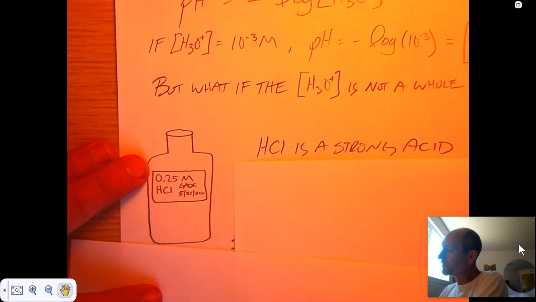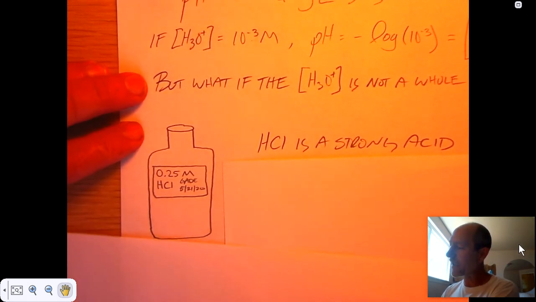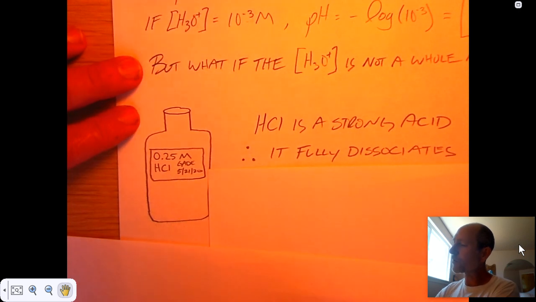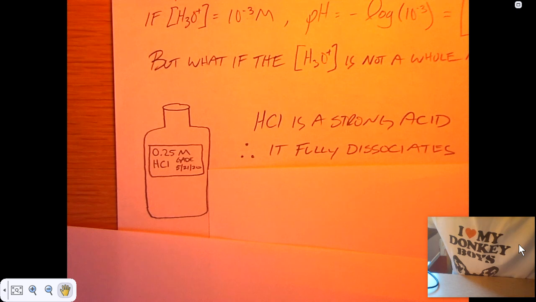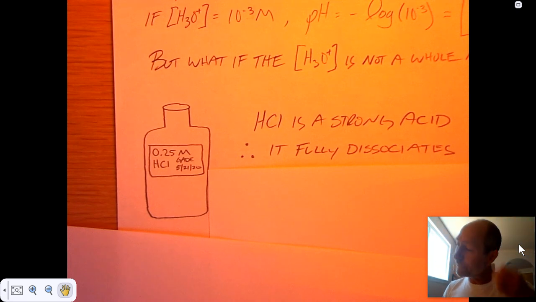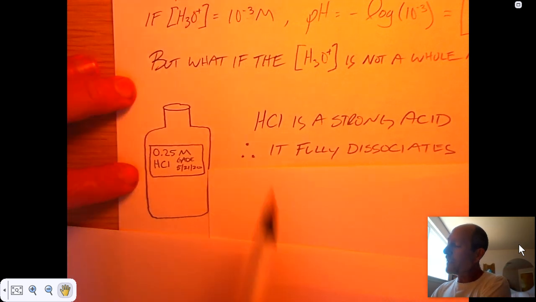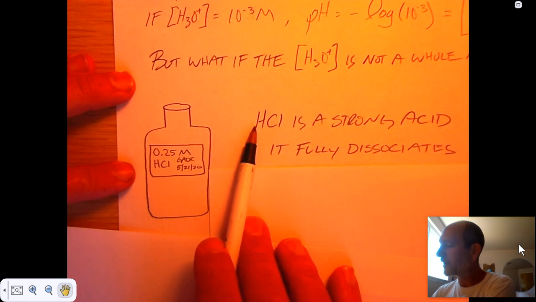Well, all you have to do is remember that hydrochloric acid is a strong acid. Therefore, it fully dissociates. Go back to that video on that if you don't believe me. HCl, every single one of these hydrogen ions is going to react with a water molecule and break apart.